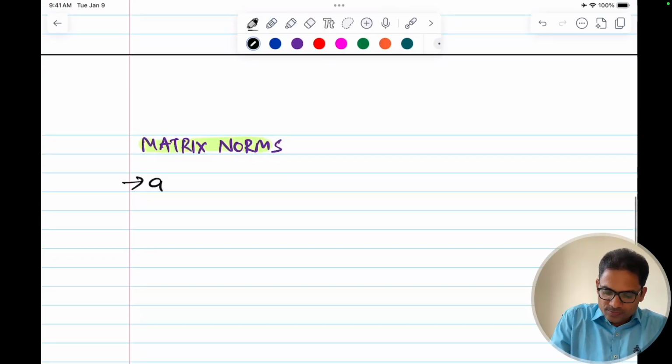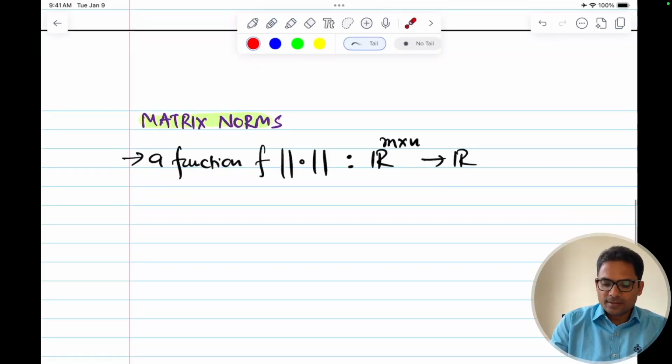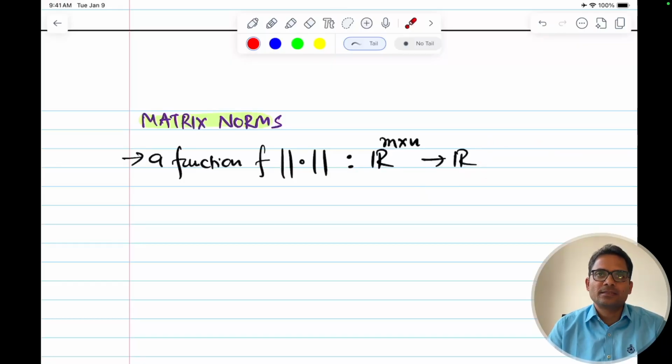It is a function, say for example function f, which maps a matrix m cross n to a scalar value. So finally it will give me a measure of distance. A matrix can be m cross n, and finally I'll get a scalar which will give me the length, or how big this matrix is in terms of size.